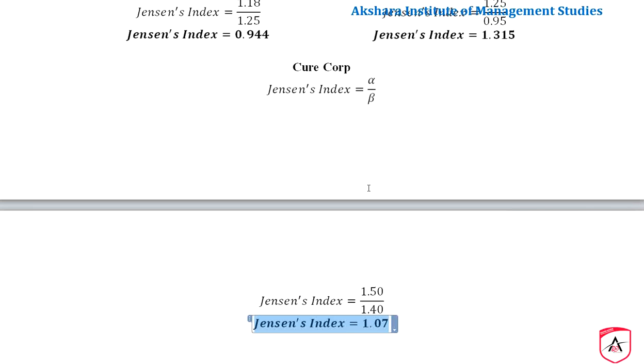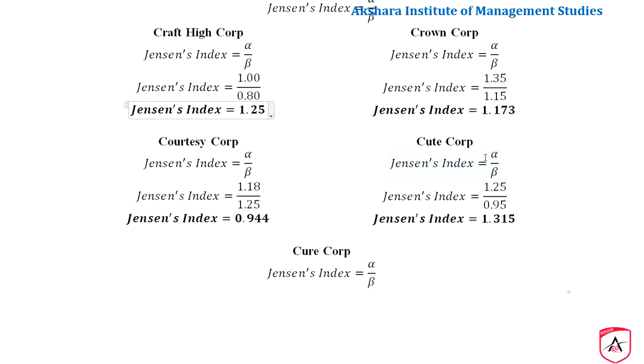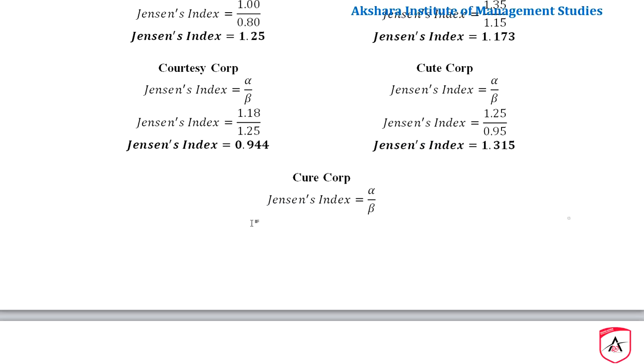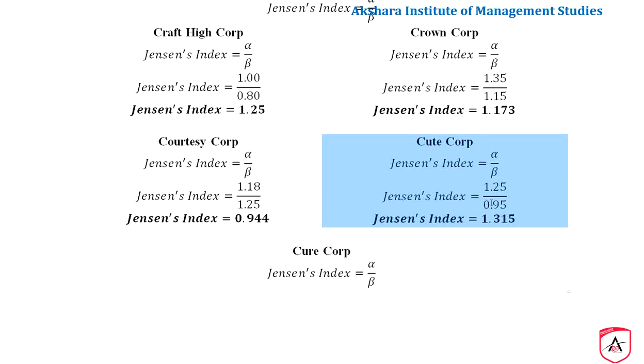Now what we have to do is compare all the values. If you observe all the stocks: 1.375, 1.173, 0.944, 1.315 and 1.07. Among these 5 stocks, Cute Corp's value is a little bit higher, so Cute Corp ranks first.